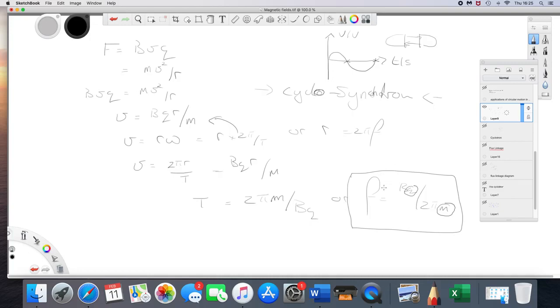If you think about the kinetic energy of your proton being a half mv squared, work out your kinetic energy in joules, take your 10 MeV, work that out in joules, stick that into a half mv squared using the mass of the proton, you'll see that the velocity of the proton at that sort of energy is quite large, and as a consequence becomes relativistic beyond this, and you end up having to have your cyclosynchrotron rather than simply a cyclotron.